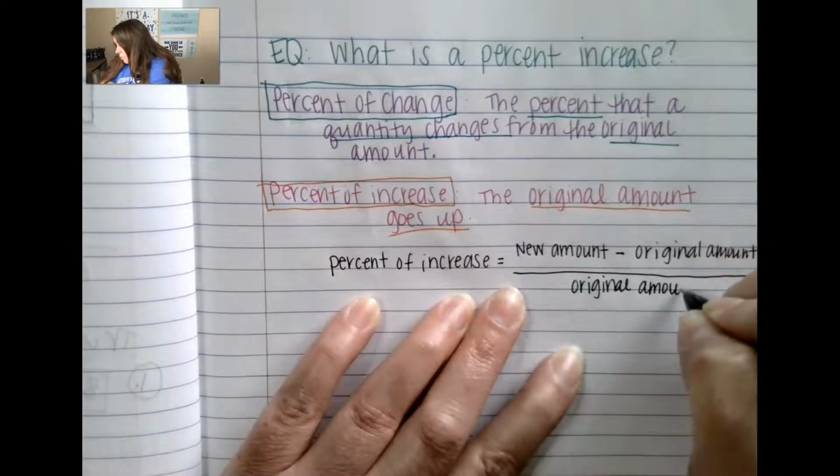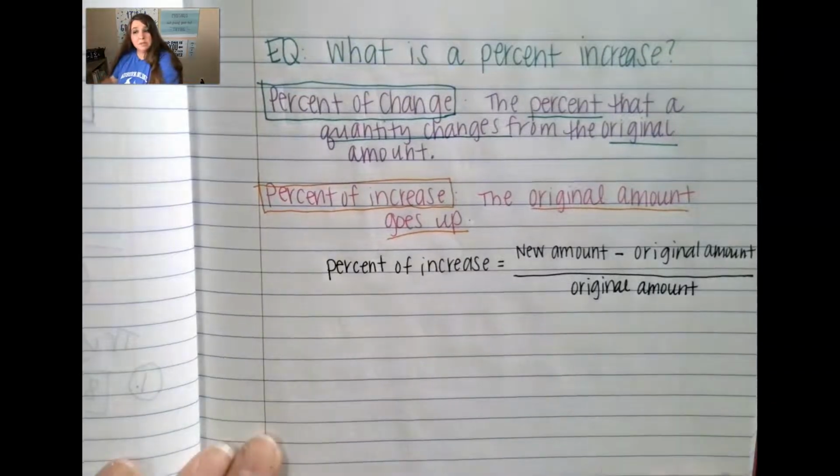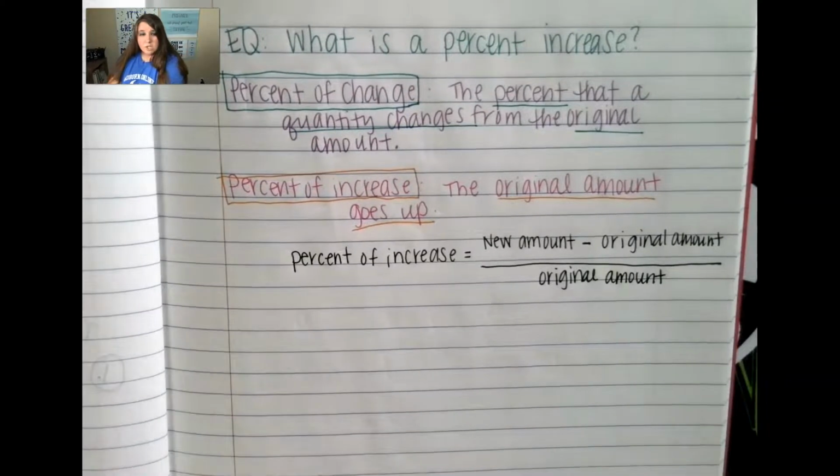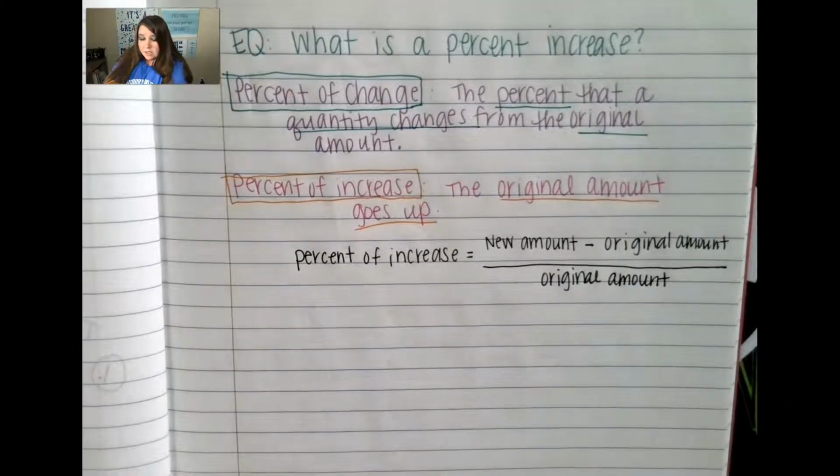All right, so what in the world does this mean, Miss Englander? You just have a bunch of words here and we're supposed to just guess what this means. So the way I want you to think about this is you're going to be given an original amount, okay?